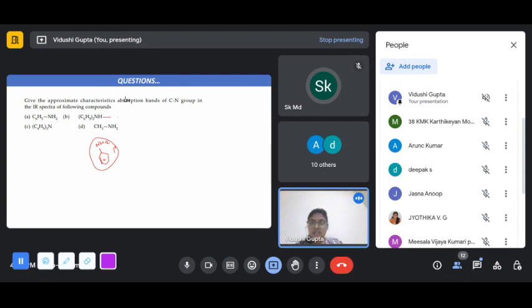If you look at this structure, this is diphenyl amine. Here the nitrogen is attached to two phenyl rings.